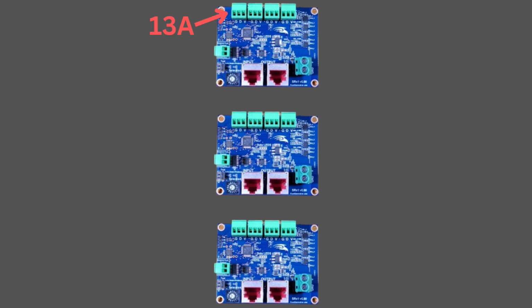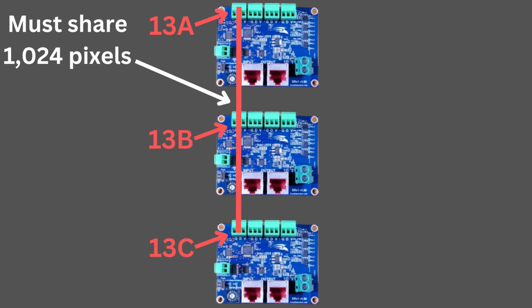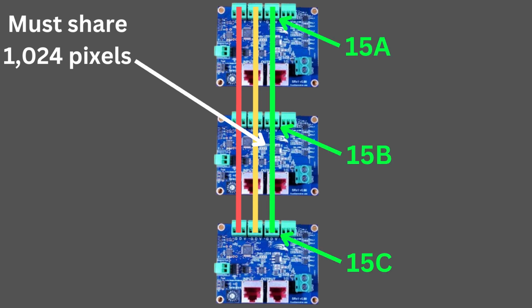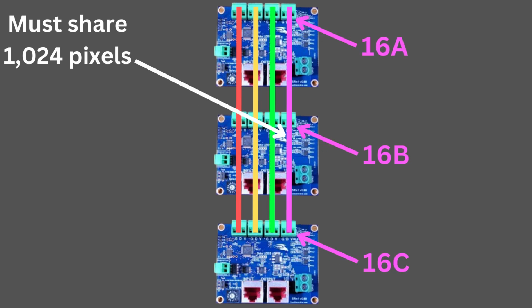So 13A, 13B, and 13C must share 1024 pixels. Same with 14A, B, and C, they must share 1024. 15A, B, and C, and 16A, B, and C must also share 1024 pixels.